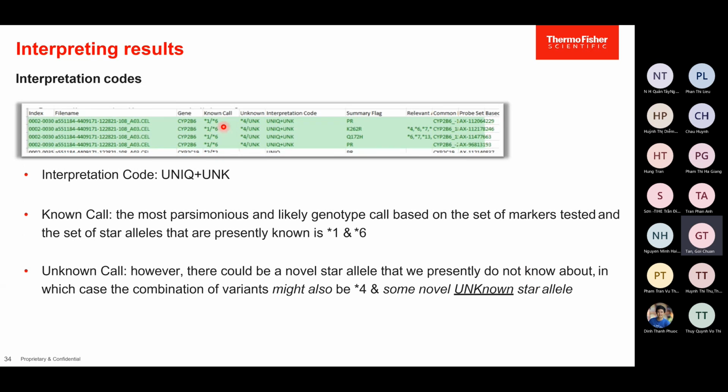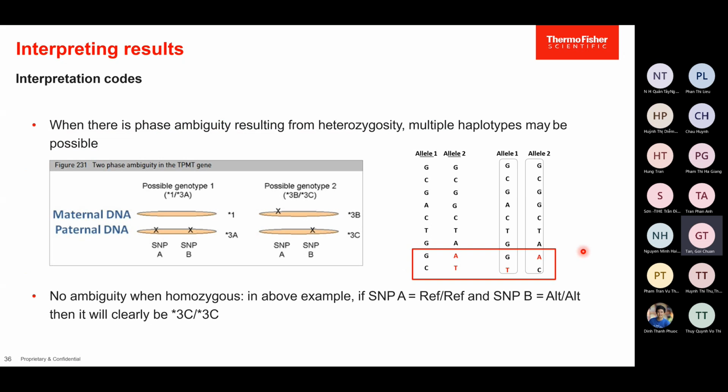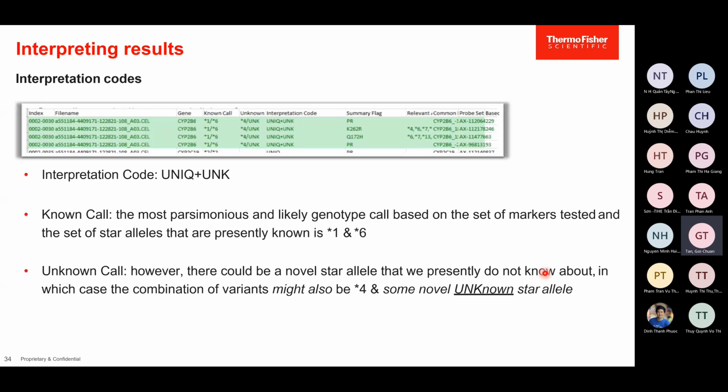So *1, *6 is one of the patterns that the software can map. And because of this possibility here, they also try to map the definitions. The definition is that one of the patterns can actually meet the *4 pattern, and then another one is unknown.